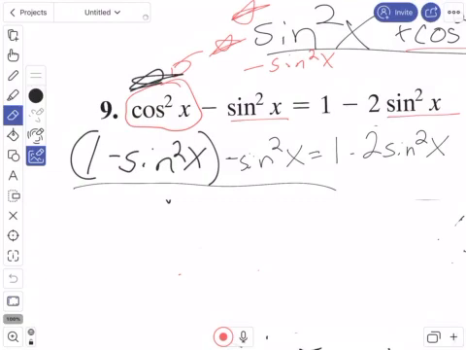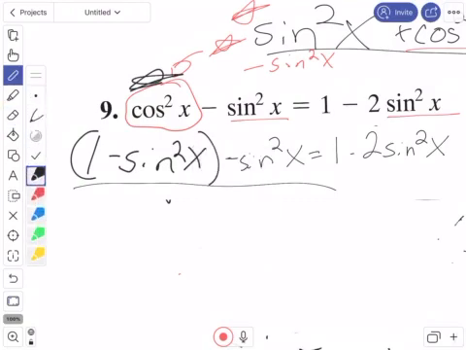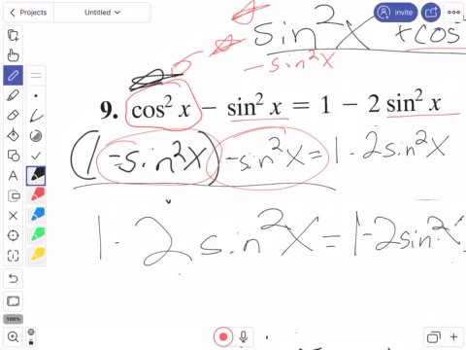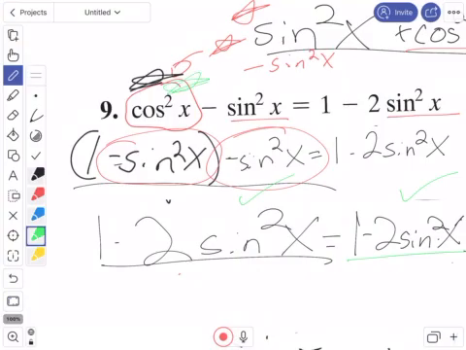Since we are deducting sine squared of x here and deducting it here, it's as if we're subtracting two versions of sine squared of x. And then lo and behold, we're now left with the right side. 1 minus 2 sine squared of x on the left, 1 minus 2 sine squared of x on the right, so we're done. So it really came down to rewriting this cosine squared of x.